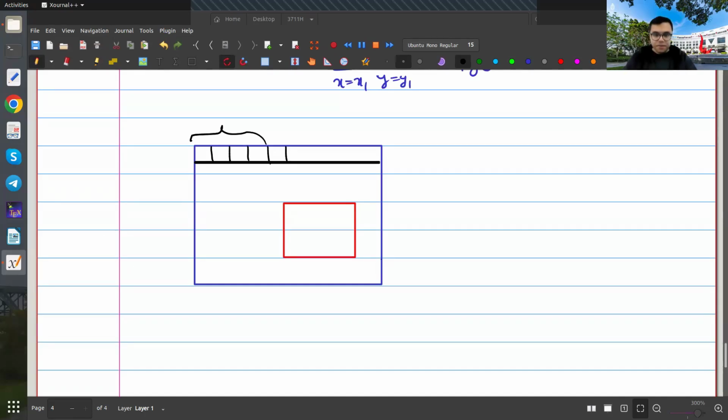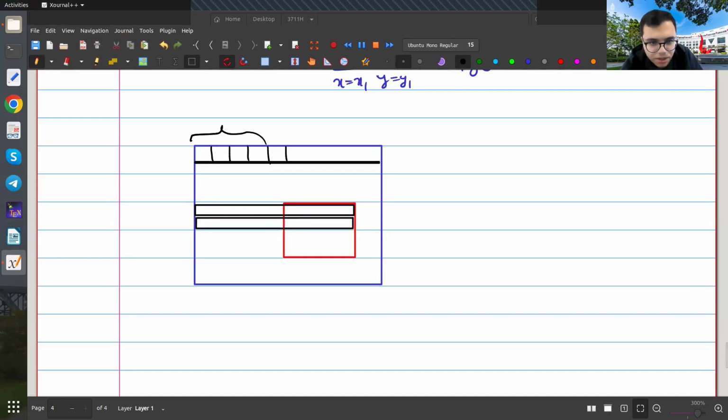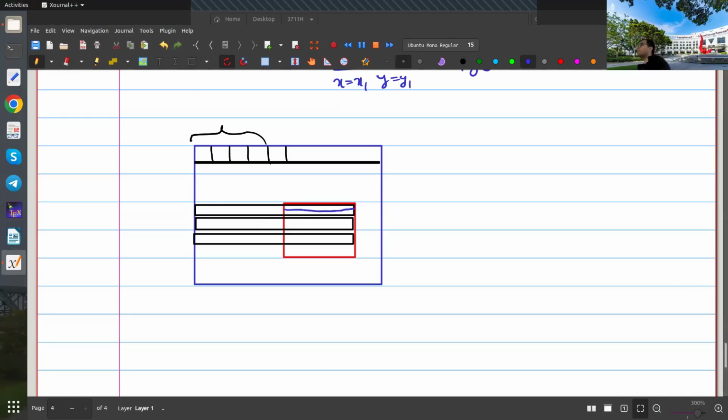So now, if I have a query like this, I can say just look at each row separately. So look at this row, for example, look at this row, then look at this row, and so on. And in each of these rows, I just want the sum from here to here, and this is just the previous problem, right? I can just find the sum from the beginning of the row to the end of this red rectangle, and then subtract the extra things that I have counted in it.